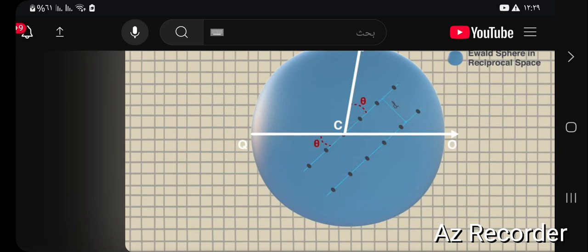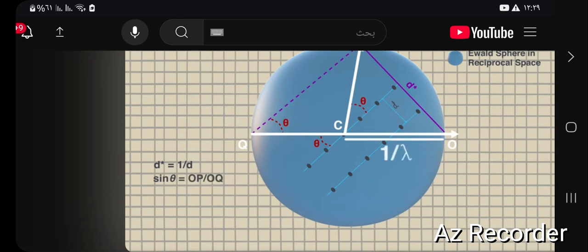Now, if we draw some imaginary lines to connect point Q to P and O to P, we have a triangle. Basic geometry would tell us that angle PQO is also theta. Now for some basic trigonometry. Sine theta is the distance OP over OQ.